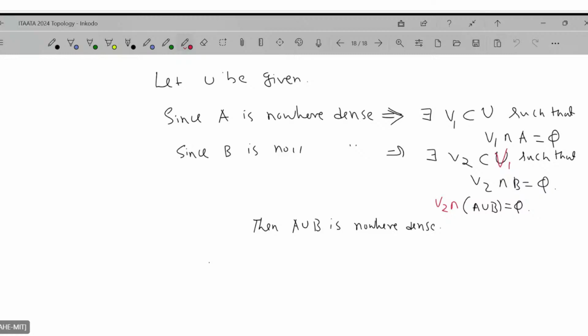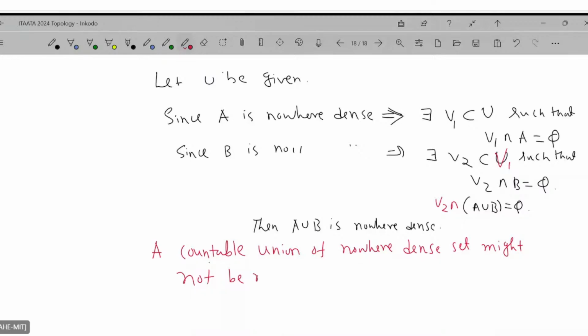So, a countable union of nowhere dense sets might not be nowhere dense.